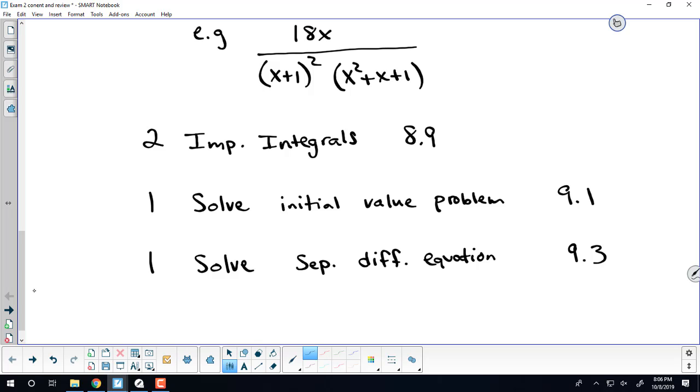We didn't have that one on the trig antiderivative. That was after we had those formulas.